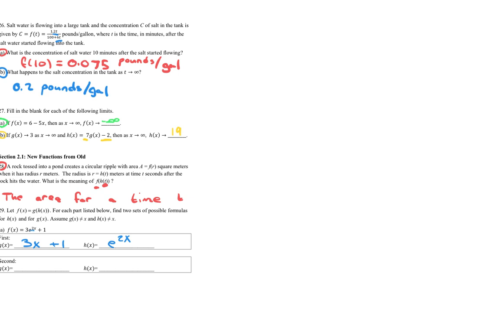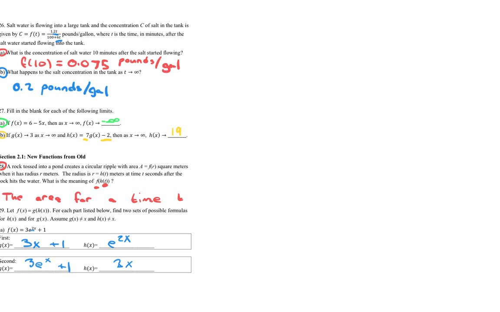So we could say that maybe g of x is 3e to the x plus 1. Well, what are we plugging in for x? We're just putting in a 2x. So in this case, if we plugged h of x into g of x, we get 3e to the 2x plus 1, which lines up with f of x.